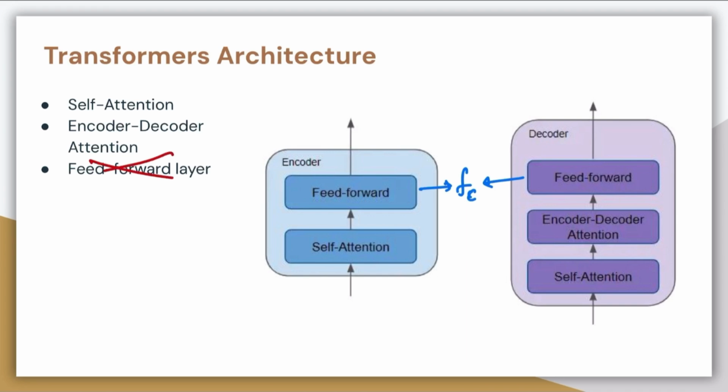I'm not considering the feed-forward layer here because we know how it works. It's just a fully connected layer. Now we need to see both self-attention and encoder-decoder attention. So listen carefully from here. Self-attention is the main building block of the total transformer model. If you understand self-attention clearly, then everything is clear from the transformer architecture.